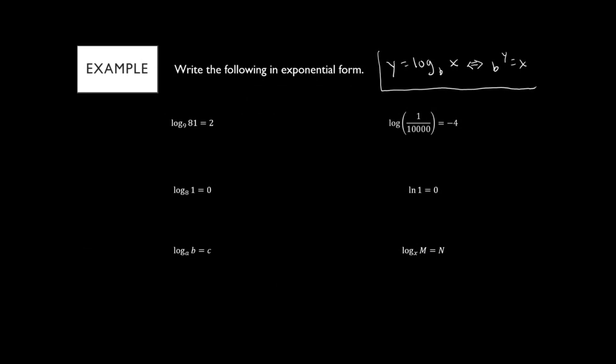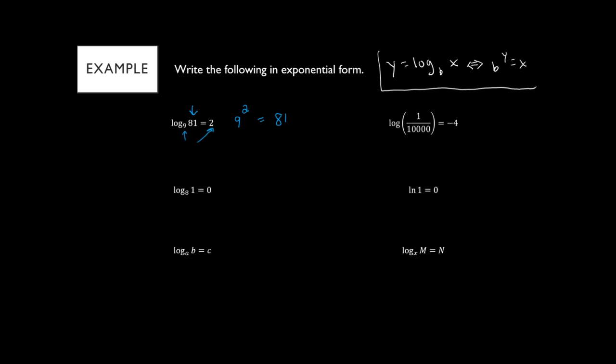So we're going to write these in exponential form. We have it in logarithmic form, and we need to rewrite it. The way I do it is I take the base, here 9, and then I take what it's equal to, because that's going to be my exponent. I always do that first. So it's 9 to the second power, and then it equals the number inside the log, 81.